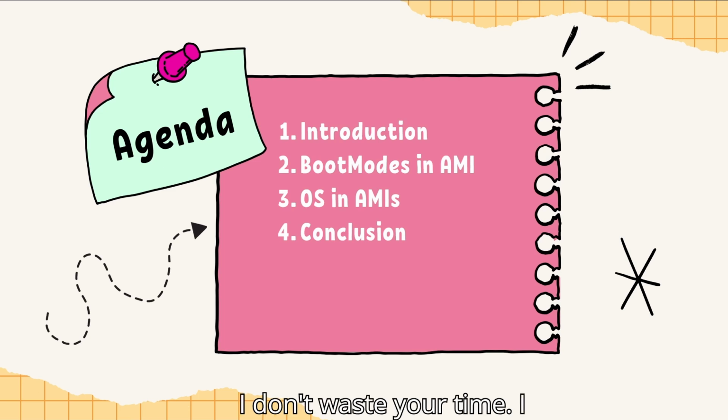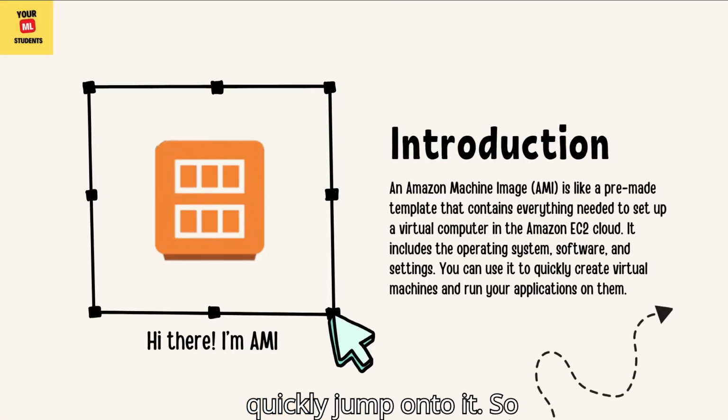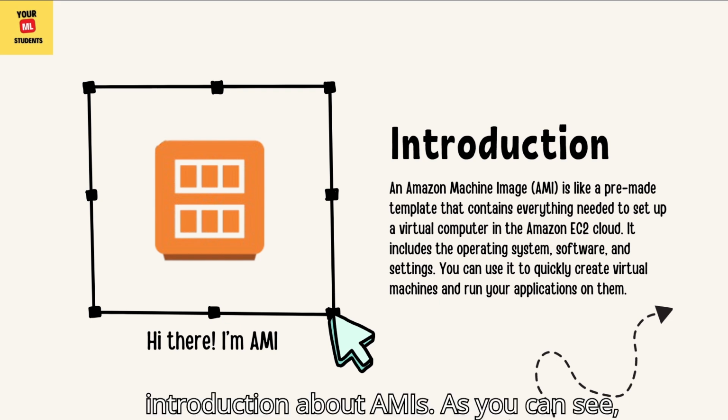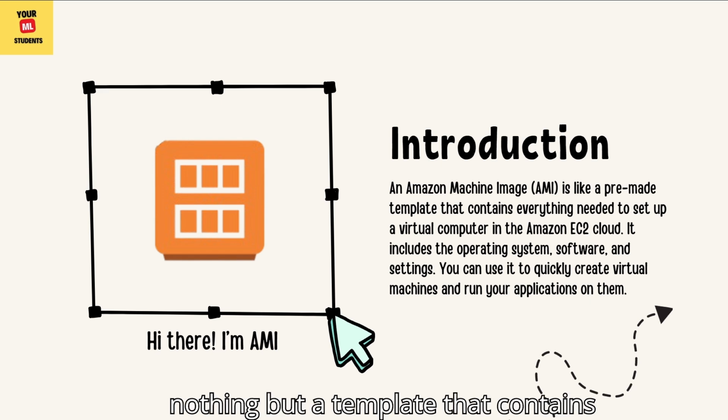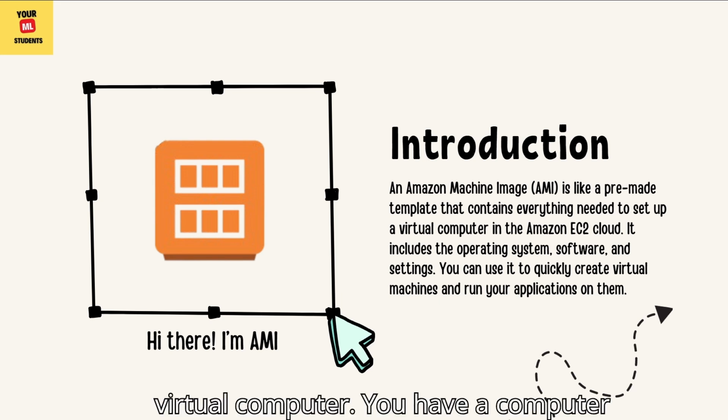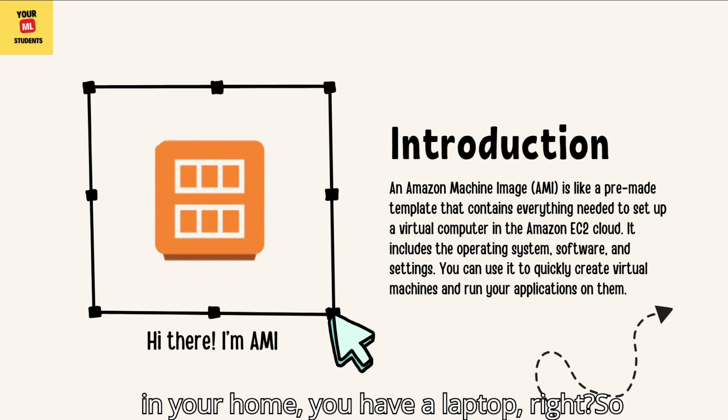So I won't waste your time, I'll quickly jump onto it. First of all, let's understand the introduction about AMIs. As you can see, it's written here that an AMI is nothing but a template that contains everything you need to set up a virtual computer. You have a computer in your home, you have a laptop, right?